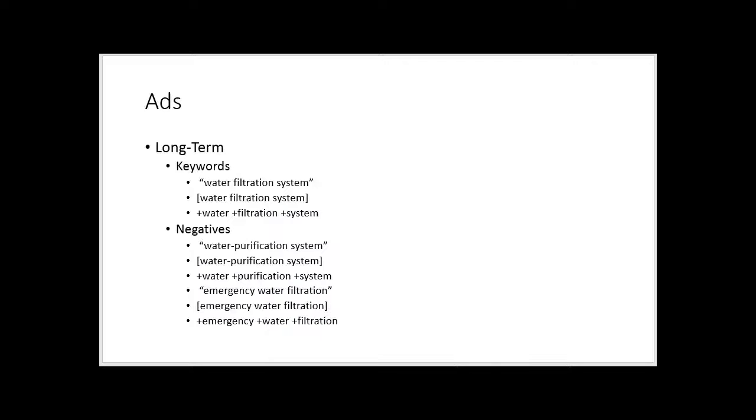And then for the other ads, I'm going to have to put in negatives so that they don't compete with each other, and so that they don't pick up the long tail of the other ads.